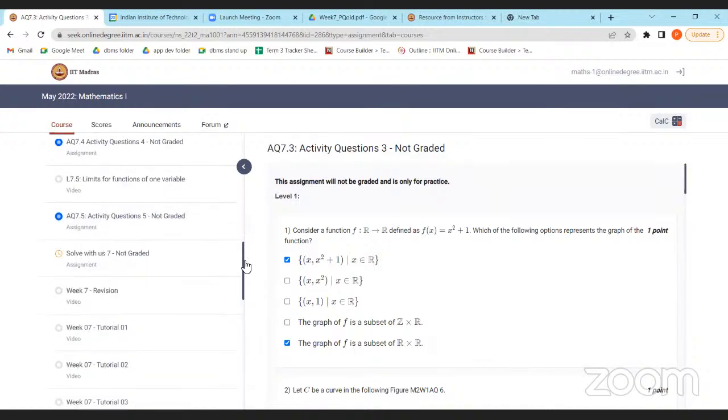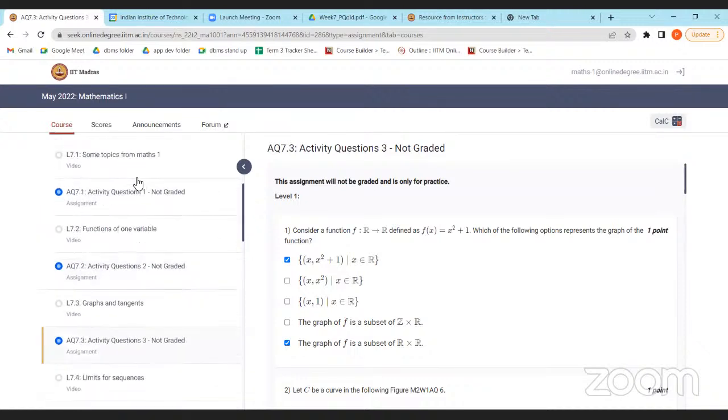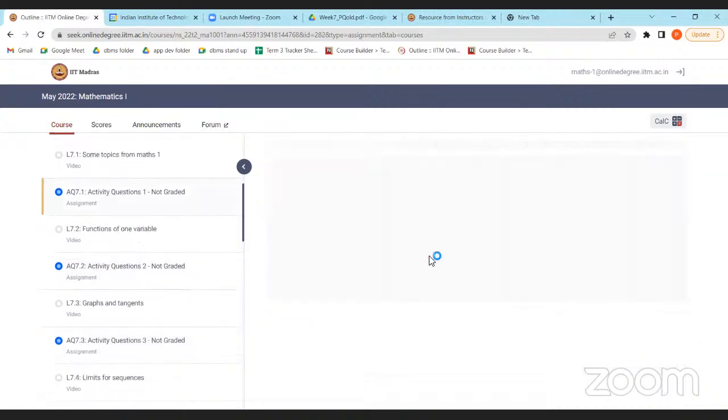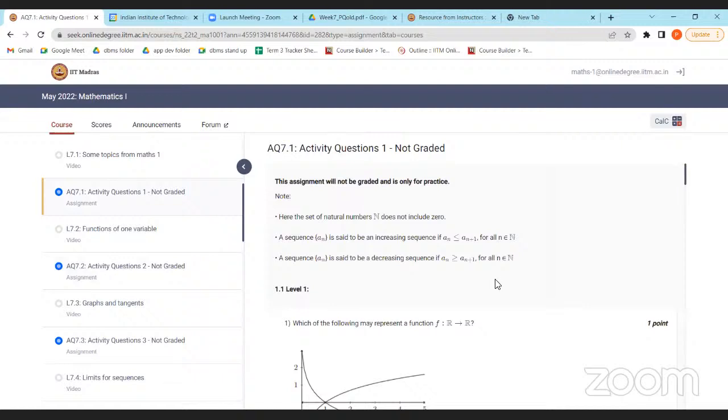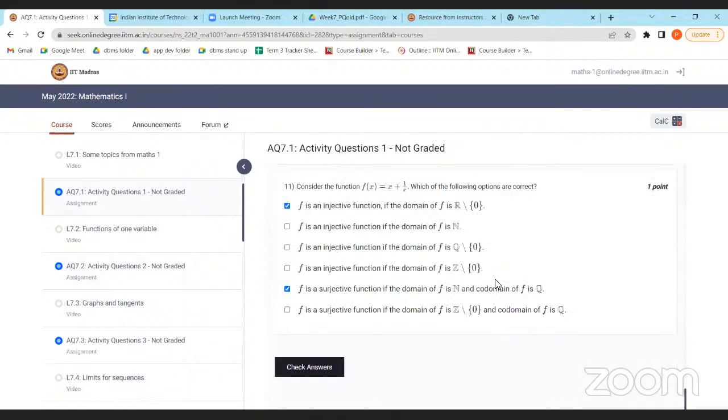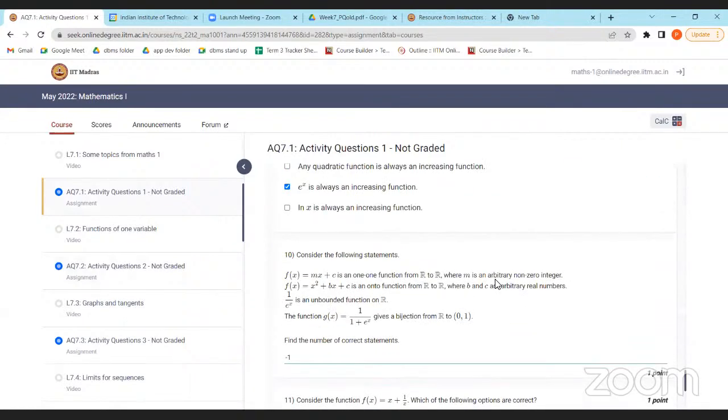Sir, Activity 1, question 10, last option. The question you solved on the last slide: cos x is bounded, right? It is not unbounded. Cos x is bounded, between minus 1 and 1.